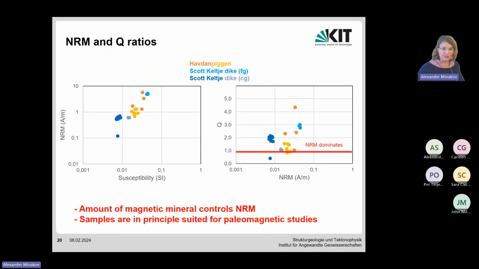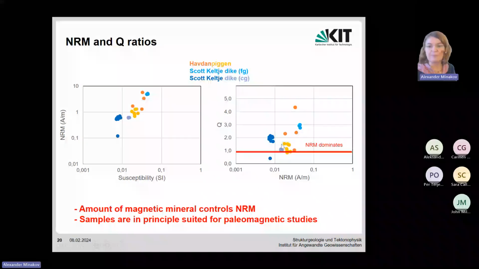So let's have a first look at rock magnetic properties determined now in the lab. It's magnetic susceptibility versus natural remanent magnetization, and here the Q ratio is calculated. It's NRM divided by the induced magnetization, and tells you if a rock is suited for paleomagnetic investigations.